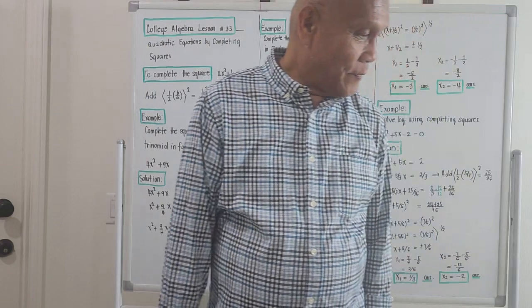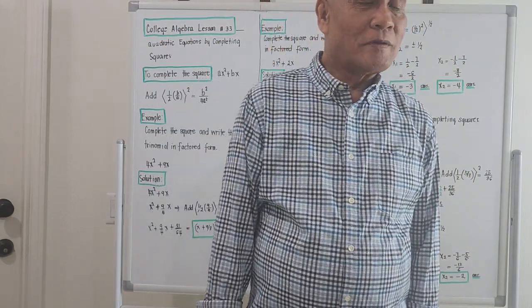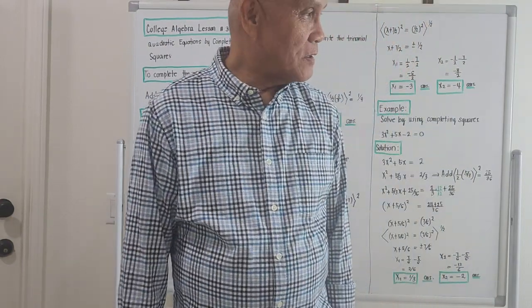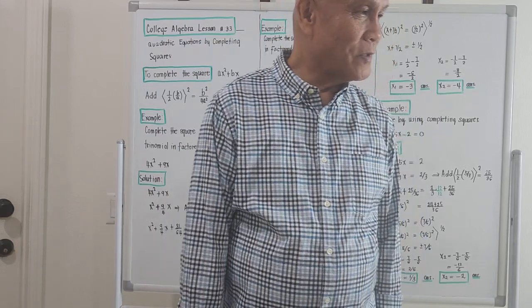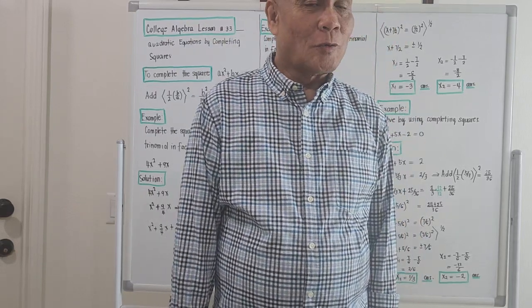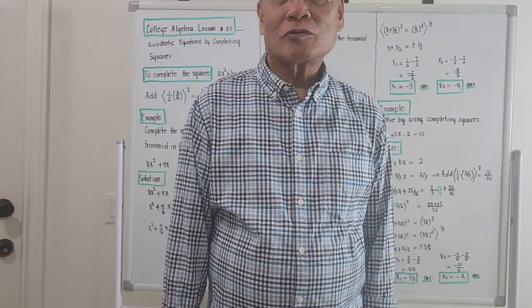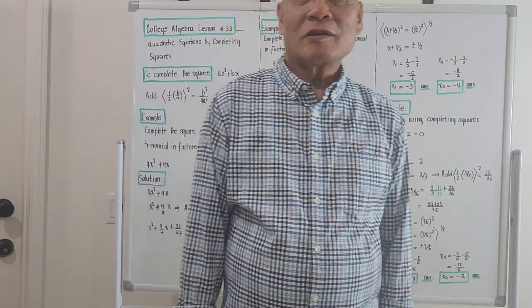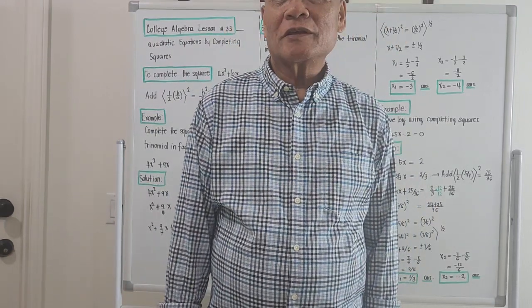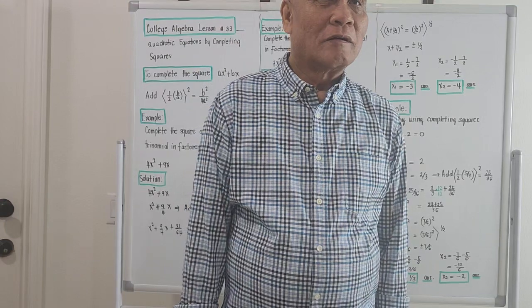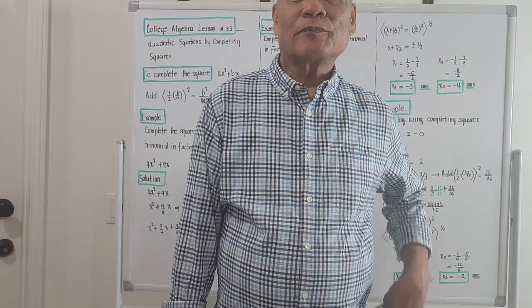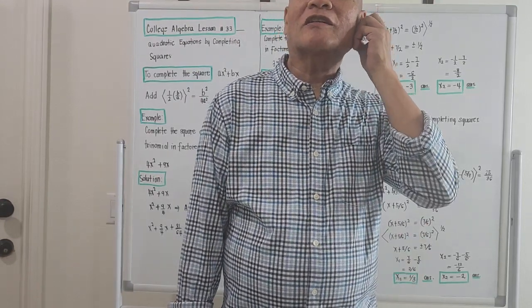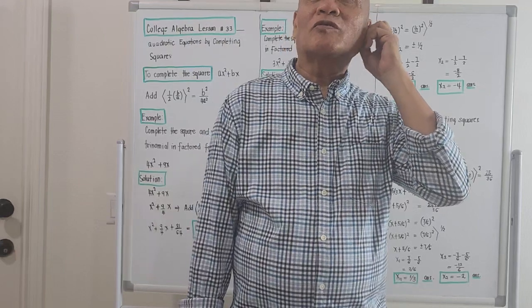Delosreyes. My new topic for my college algebra discussion for this morning will be the solution of a quadratic equation by using the so-called completing the squares. The first solution is actually the solution by factoring.